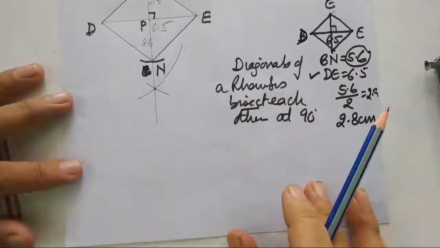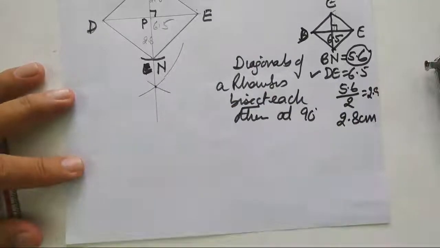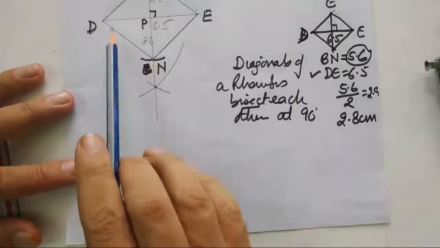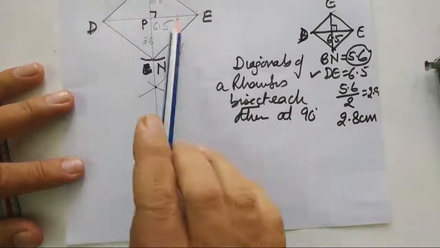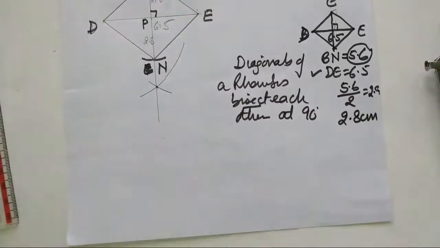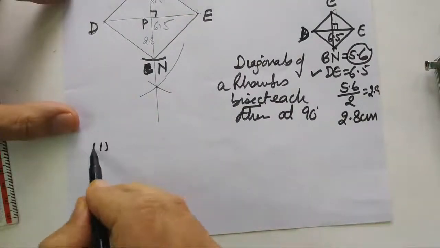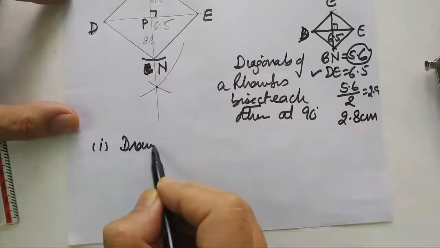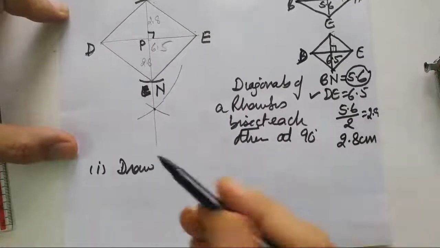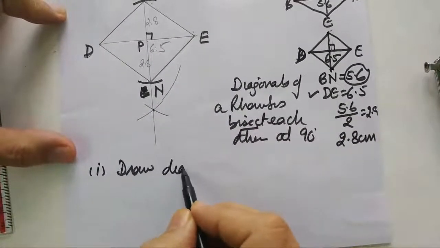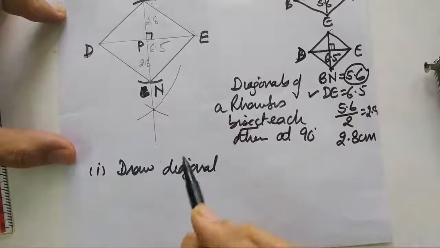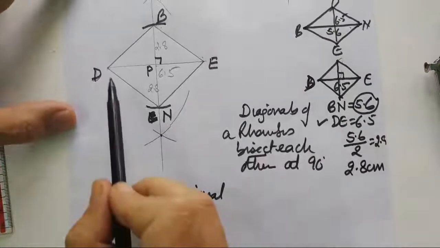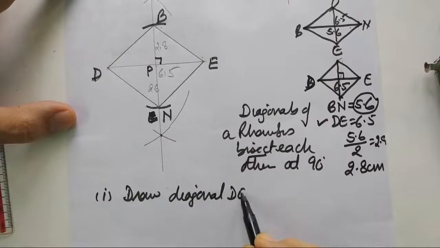Then you will write the steps of construction. Step number 1, you will show rough figure and write the step, draw, because we have made diagonal. So which diagonal we made? Diagonal DE, draw diagonal DE is equal to 6.5.